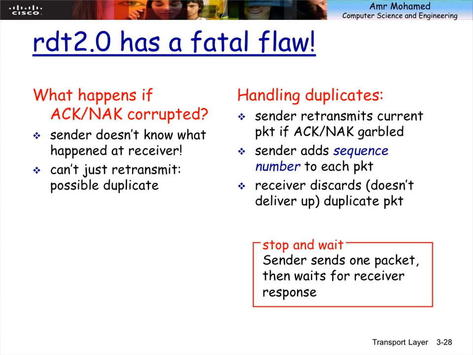Well, if it's a retransmission, this means that the receiver may have duplicate packets. And what the receiver does now for duplicate packets, it will send them up. So the application itself will work incorrectly, because it will receive 2 duplicate packets, and this will cause lots of problems in the application. So we need to address this issue.